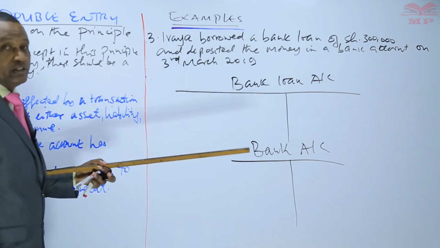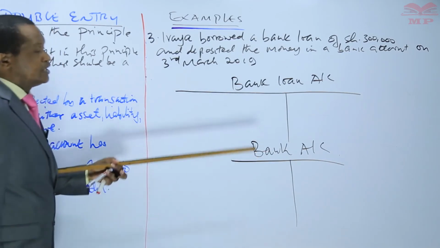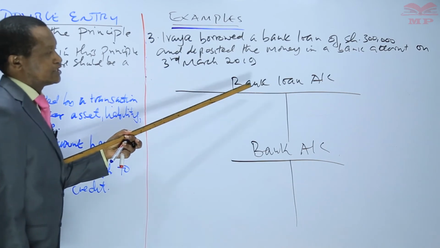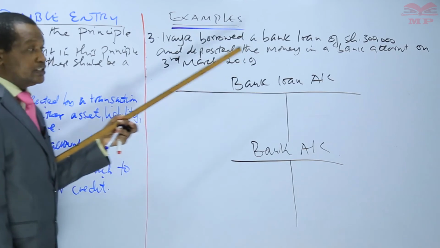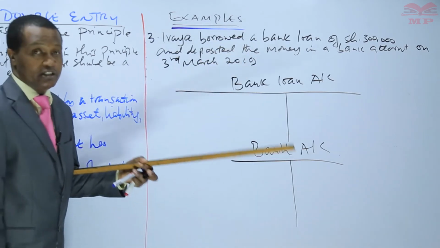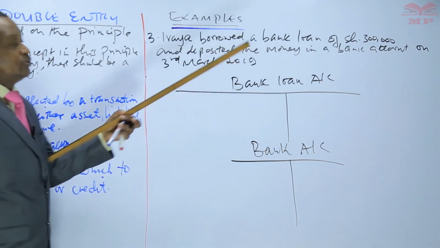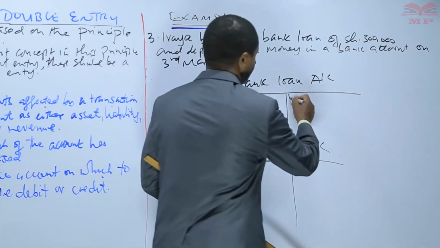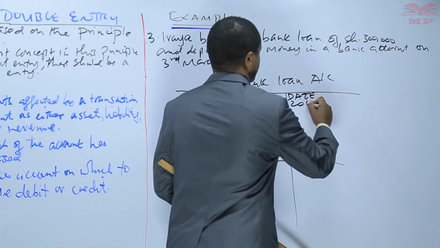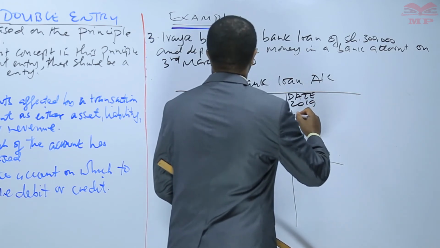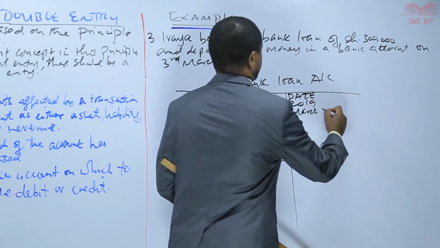So then we check, if liability, this is a liability. If a liability account has increased, do we debit or do we credit? The rule, remember, is we credit. So we have the credit side. This is 2019, March 3.